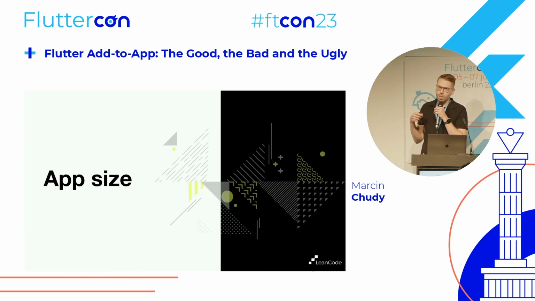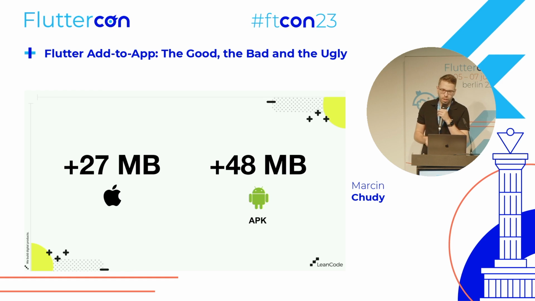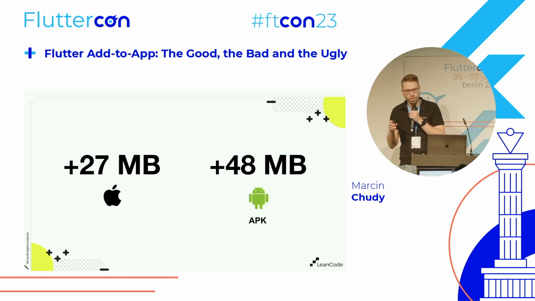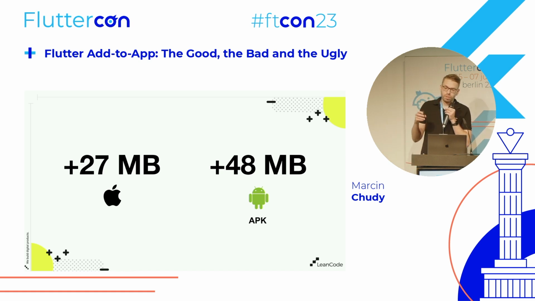A few words about app size, because adding Flutter will have an impact on your final binary. In our case, it was 27 megabytes for iOS. It was 48 megabytes for APK, including all architectures. And an interesting story was that the native app was still being uploaded to the Play Store in APK format, which is now not allowed for new apps.